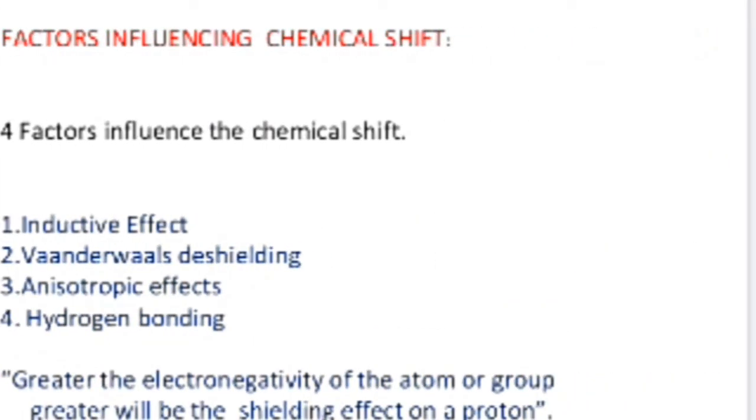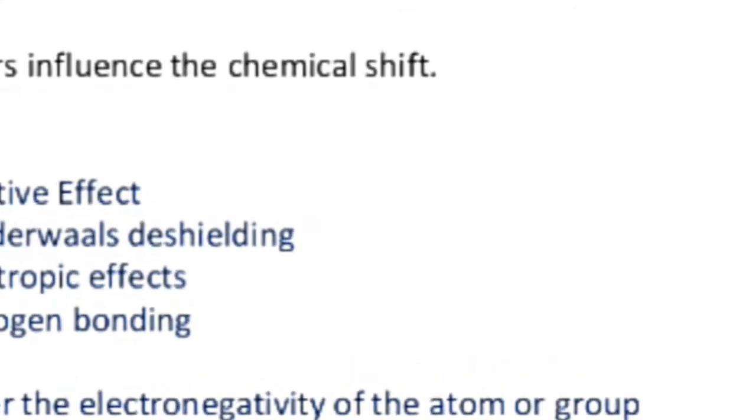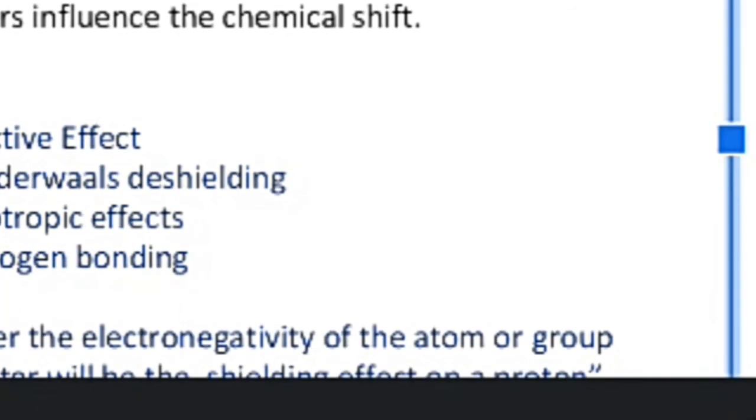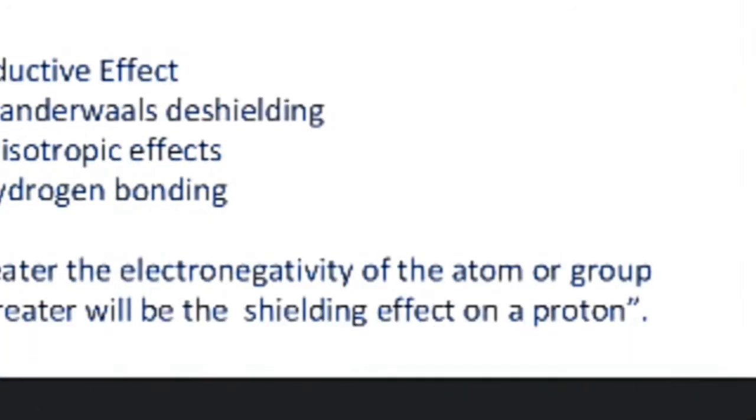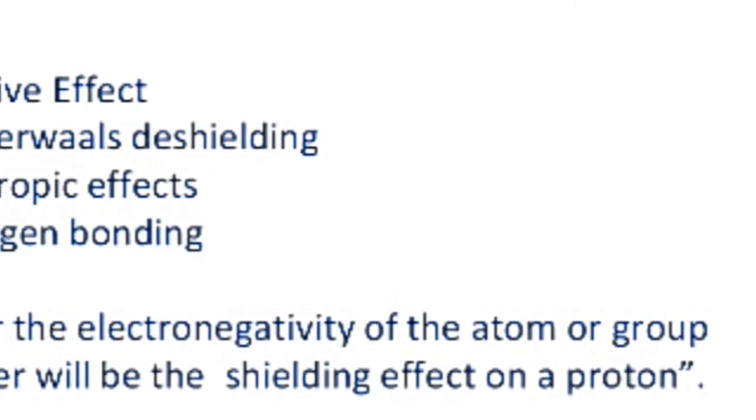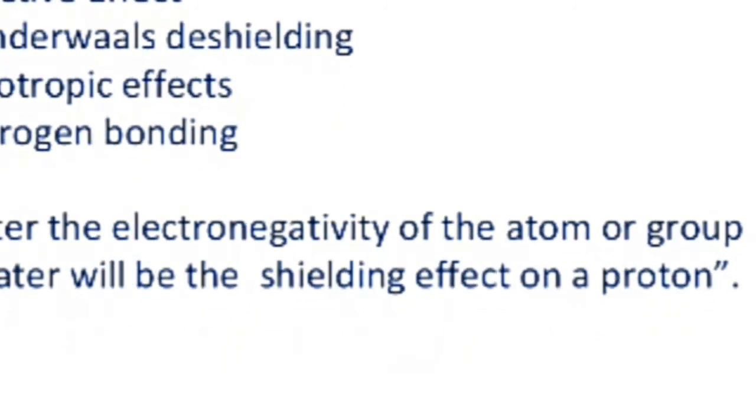Next, we come to the factors influencing the chemical shift. As we have seen, the chemical shift is indicated by delta. The factors influencing the chemical shift are the inductive effect, van der Waals de-shielding, anisotropic effects, and hydrogen bonding.